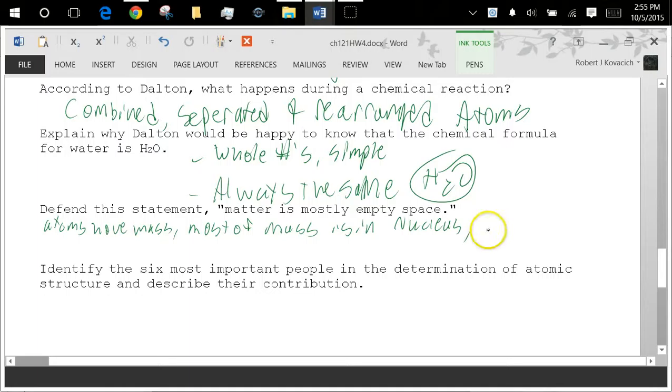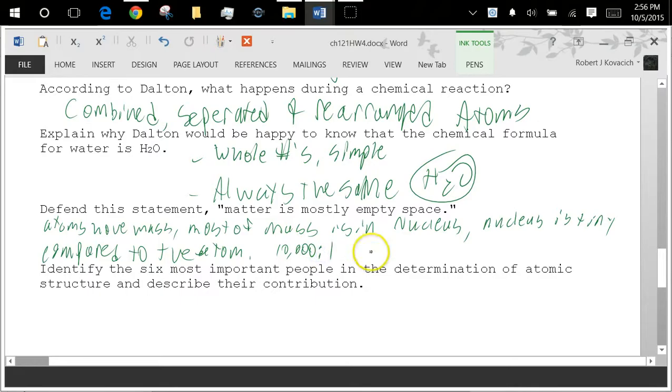And the nucleus is tiny compared to the atom. It's about 10,000 to 1 size ratio.